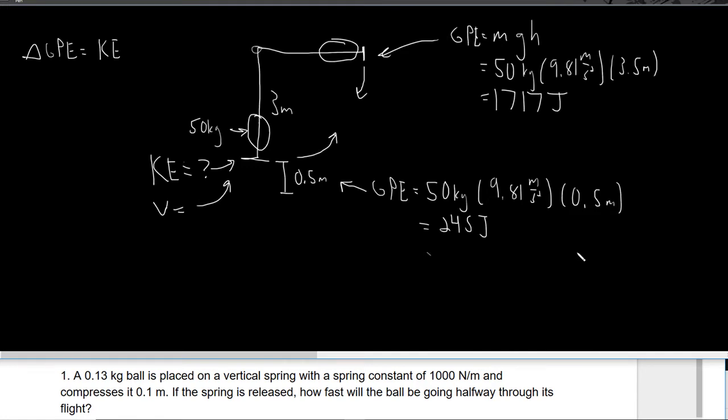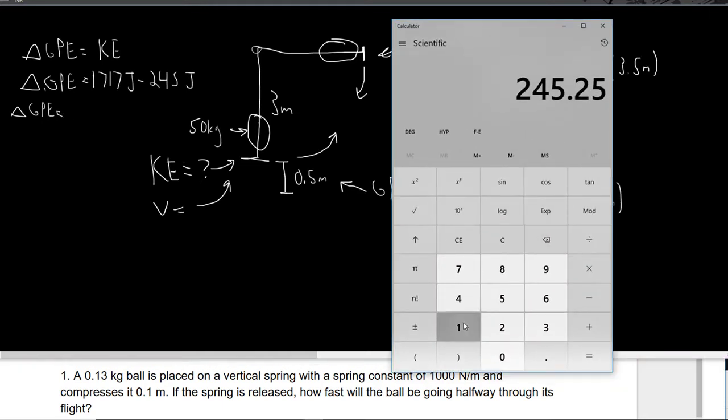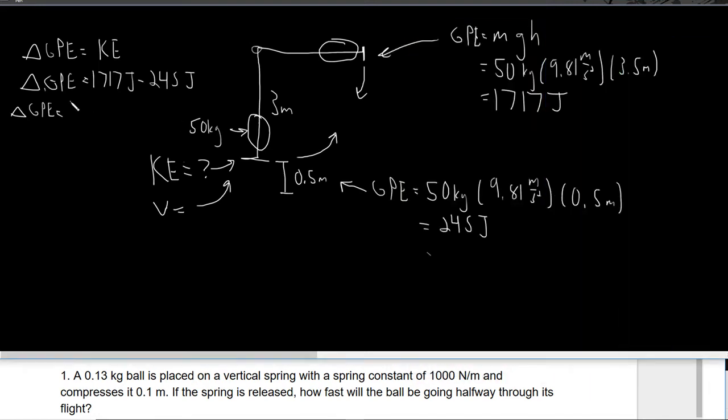So now we can figure out our change in GPE. That's going to be equal to 1,717 minus 245. And I don't feel like doing that in my head today. 1,717 minus 245 is 1,472 joules.